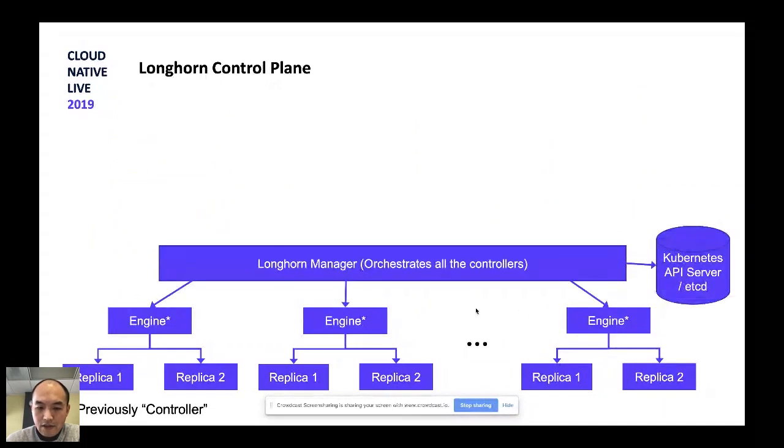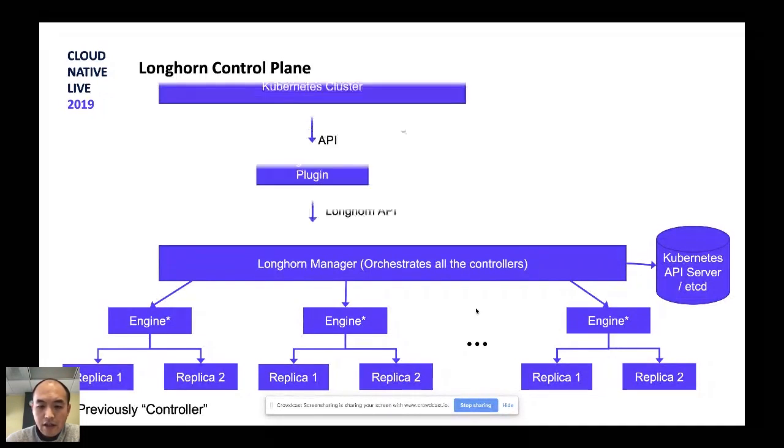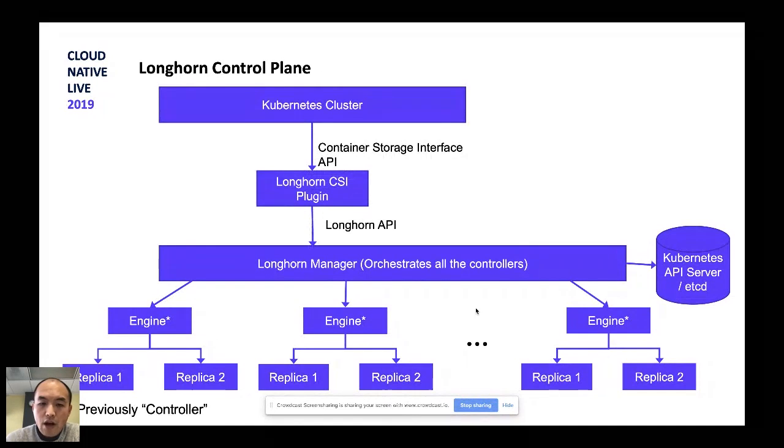All the state the Longhorn manager keeps about these volumes is kept in the Kubernetes API server and indirectly in etcd. So if Kubernetes wants to create a new volume or do something about that volume, it will talk with Longhorn through the Longhorn CSI plugin using the CSI interface.